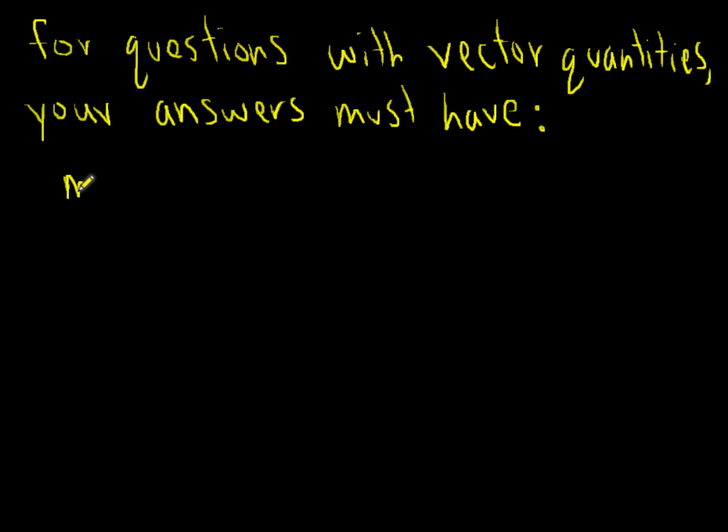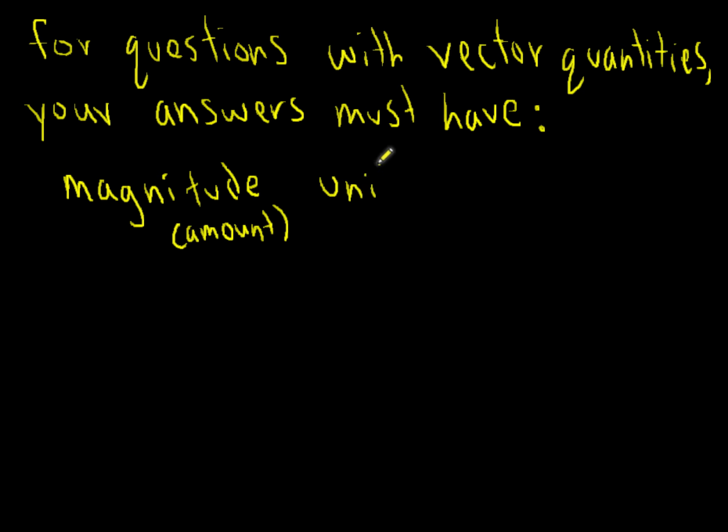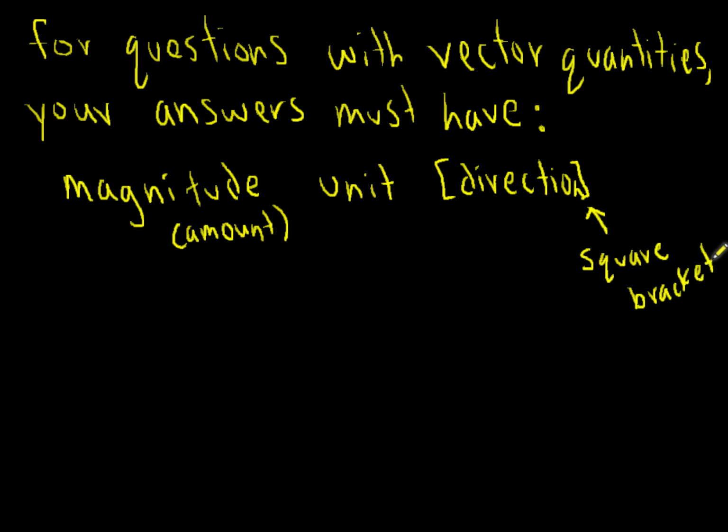These are magnitude, which is the amount or the number part of the answer, the unit, and you put direction in square brackets to show which way the vector is pointing. Your magnitude must also have the correct significant digits.